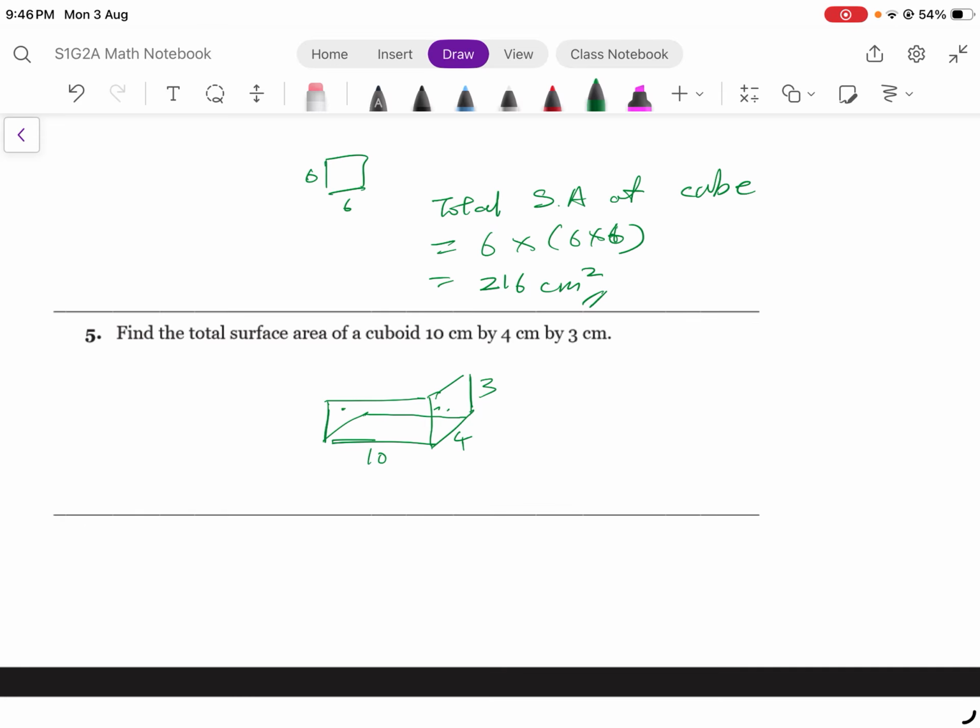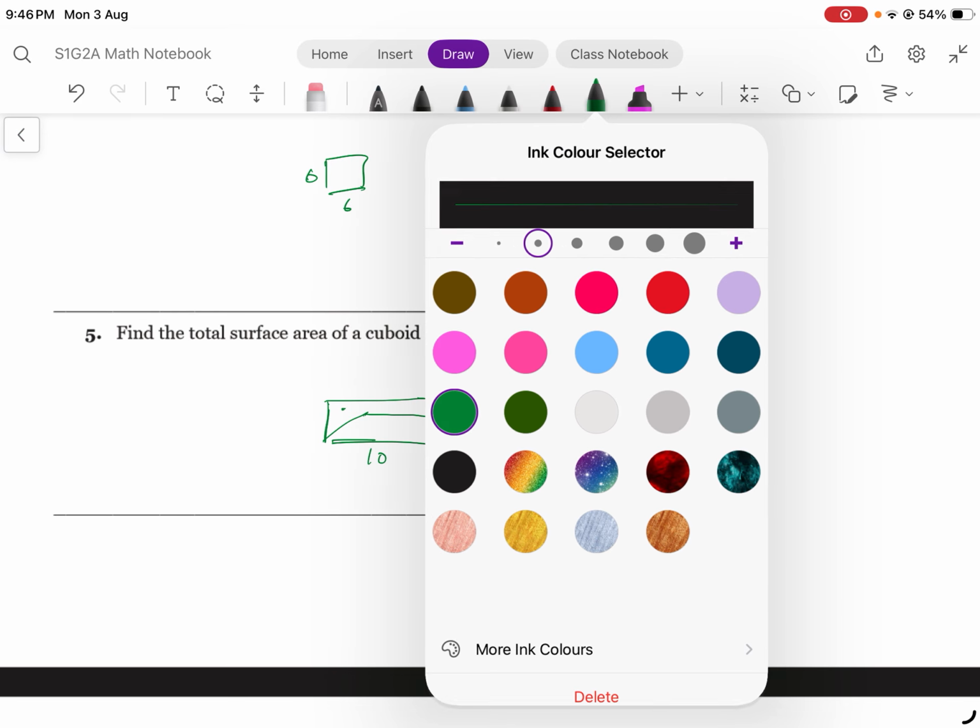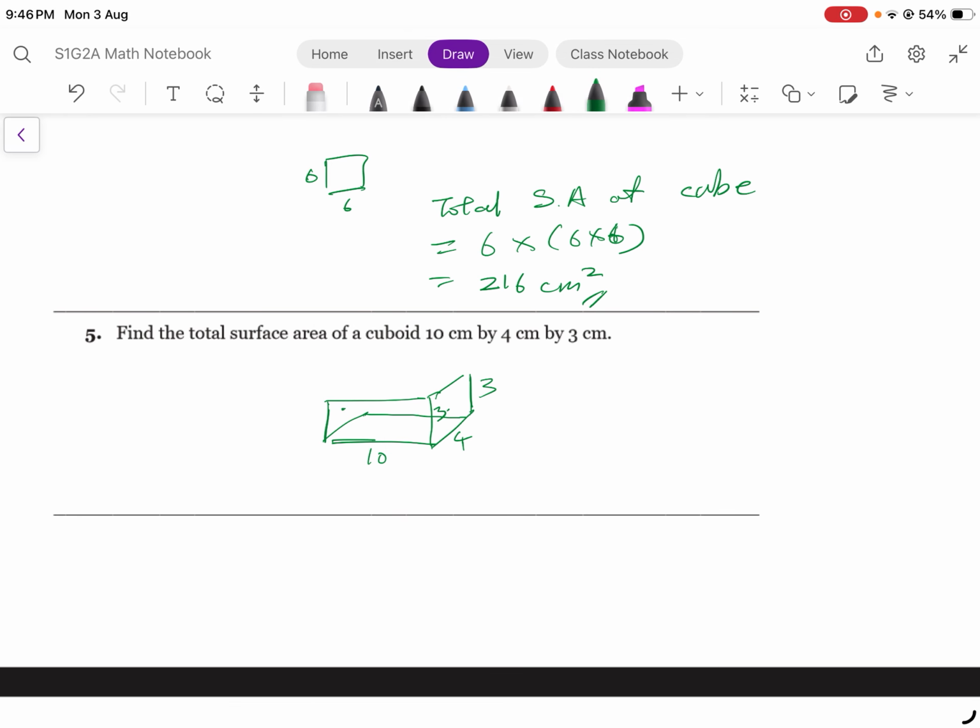So this is 3 times 10, right? So this part, open up. Okay, maybe I draw this for the back. Okay, so first one is this one. Alright, so I open it up.